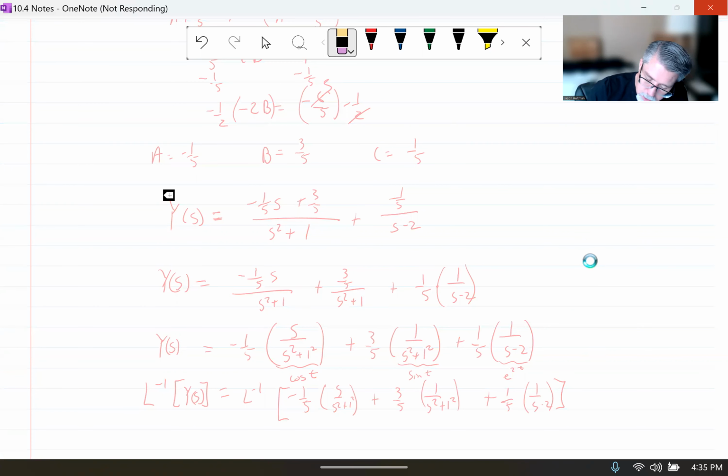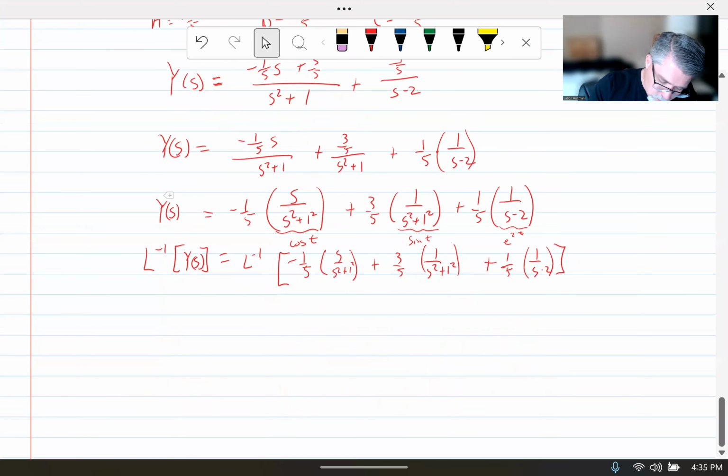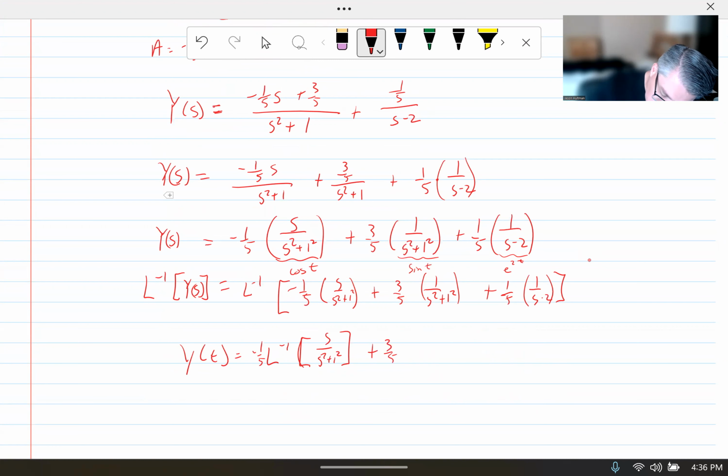Hopefully you can see where we're going and what the answer is going to be. So y of t is equal to negative 1/5 times the inverse Laplace transform of s over s squared plus 1, plus 3/5 times the inverse Laplace transform of 1 over s squared plus 1, plus 1/5 times the inverse Laplace transform of 1 over s minus 2.